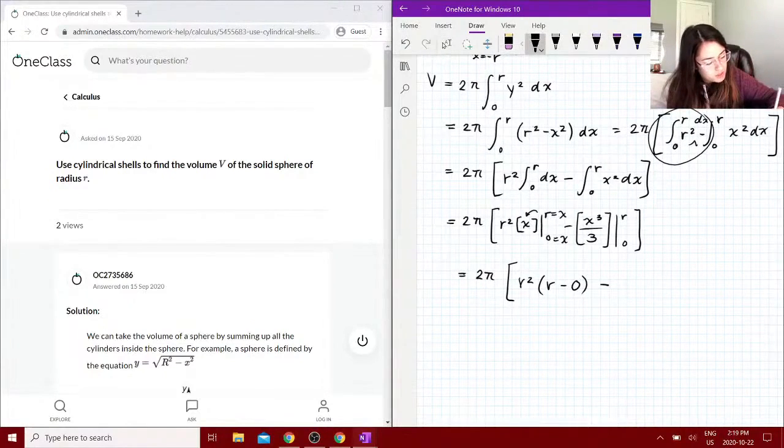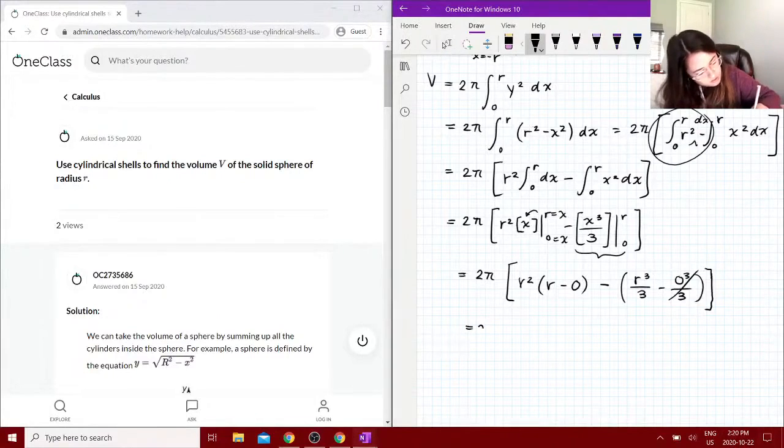And then subtracting this second half here, so replacing the x with r, minus 0. Well, I don't even need to write that because you know that's just 0, right? Pi. That's just 0, so we get r cubed minus r cubed over 3.